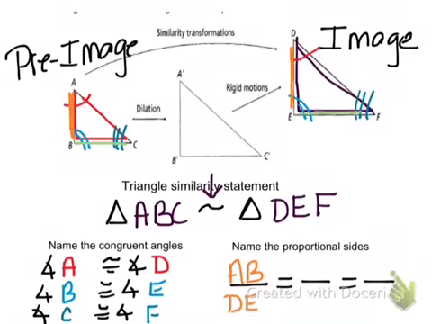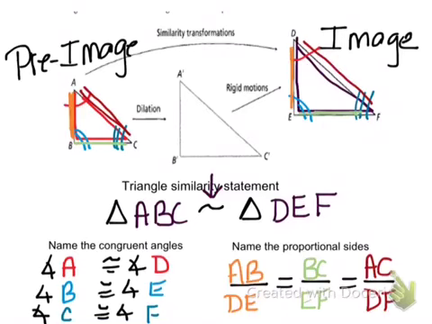So I put my pre-image, BC, in my numerator, EF in my denominator. And then finally, my third and final side, I would say that AC is going to be corresponding to DF. So I put my pre-image, AC, in my numerator, and my image, DF, in my denominator.